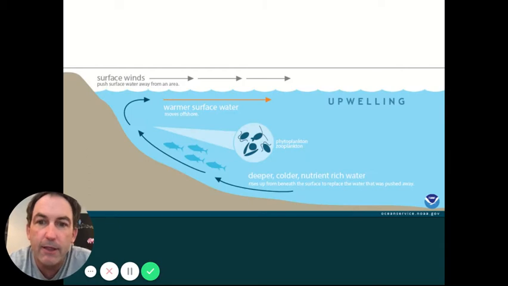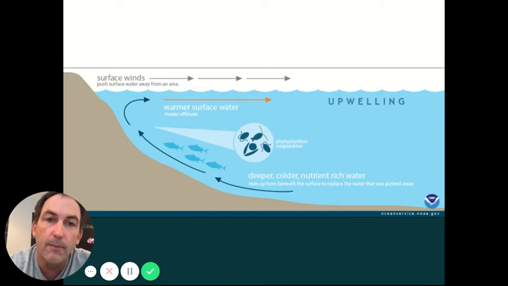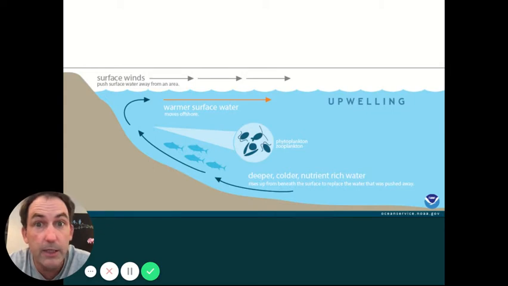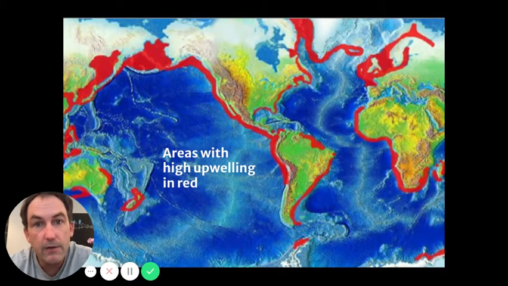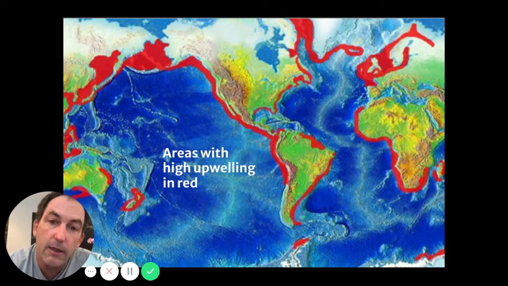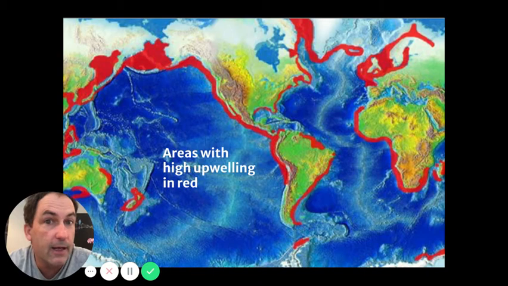As surface winds push on water, they tend to push water in some cases away from the continent itself, and that allows for colder water from the deep ocean to come up to the surface, and that often brings a significant amount of nutrients: carbon, nitrogen, phosphorus, nutrients that are needed for primary production and photosynthesis. So where you have a significant amount of upwelling along the coast, you tend to have high levels of primary production or photosynthetic activity as well.